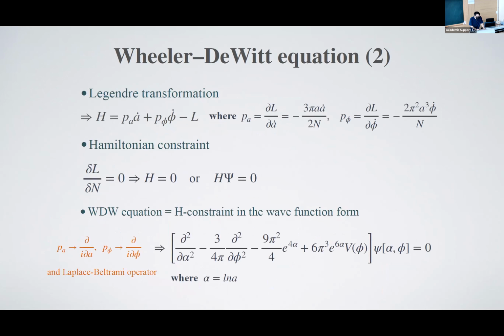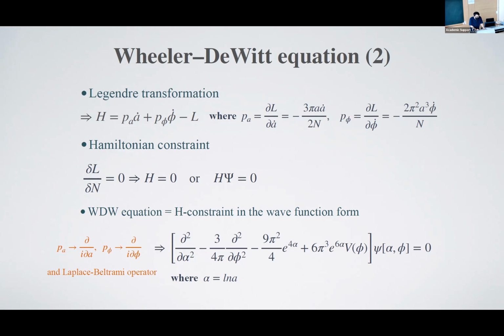Now that we have the Lagrangian, we can define the canonical momenta. Then we can do the Legendre transformation to get the Hamiltonian. Varying the Lagrangian by the lapse function N, we obtain the Hamiltonian constraint. The right side, H psi equals 0, is the quantum version of the Hamiltonian constraint.